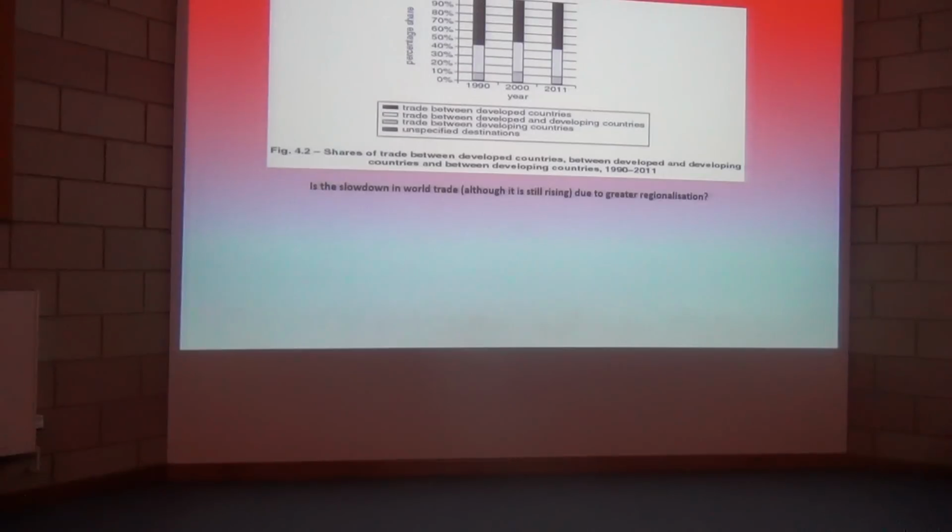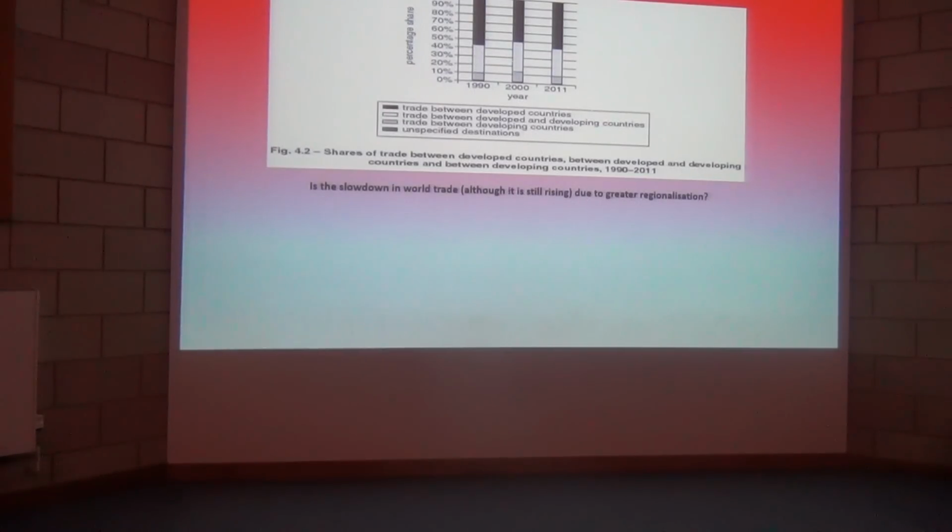Now in the specification, one of the potential 4-mark questions is that you might be asked to outline the pattern of global trade. This diagram would be an ideal diagram to describe in order to answer that particular question.